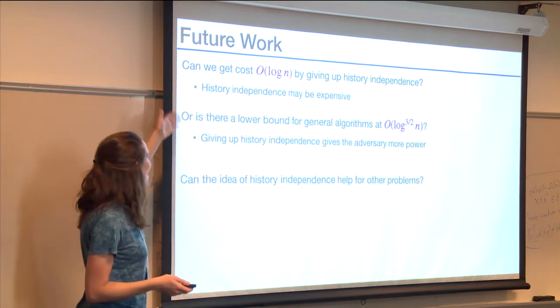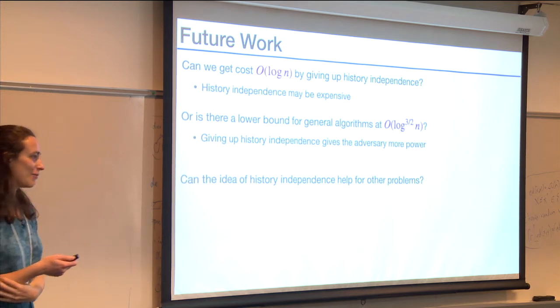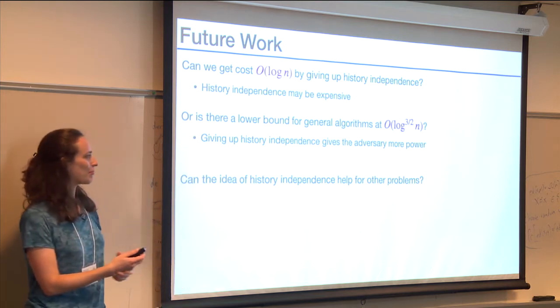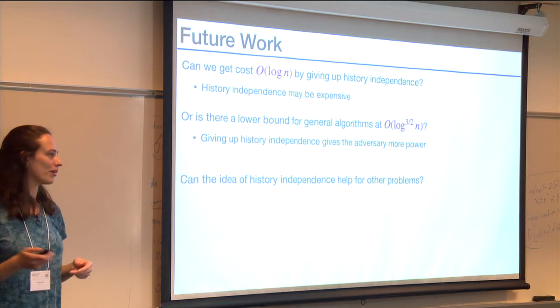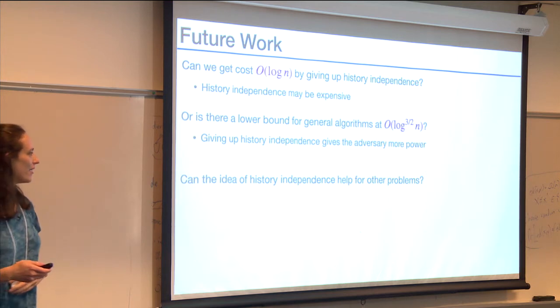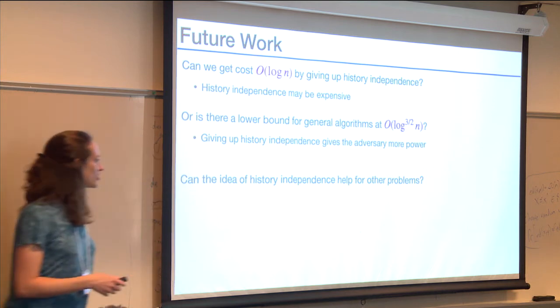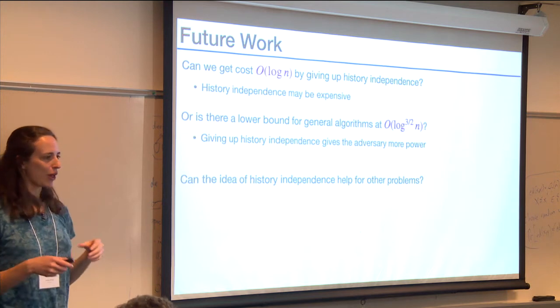On the other hand, maybe there's a general lower bound of log to the 3/2 n, and the intuition behind this option would be that giving up history independence gives the adversary more power, so maybe it's not possible. As another more broad open problem, can this idea of history independence help for other problems?